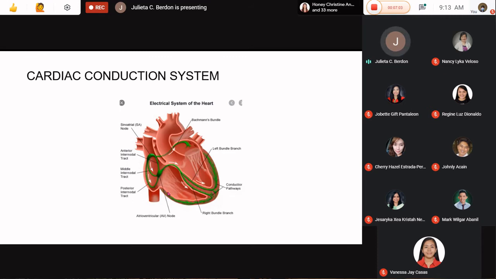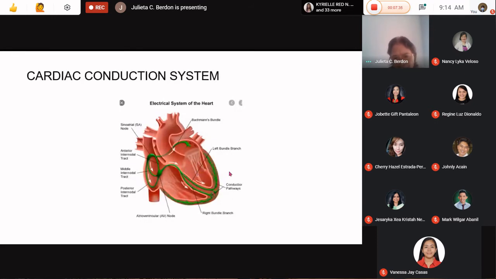So depolarization is from endocardium to epicardium, and the last to be depolarized will be your posterior-basal portion of your left ventricle, the upper interventricular septum, and then the pulmonary conus. Okay, so that is how the heart is being depolarized. Now remember that depolarization precedes contraction.